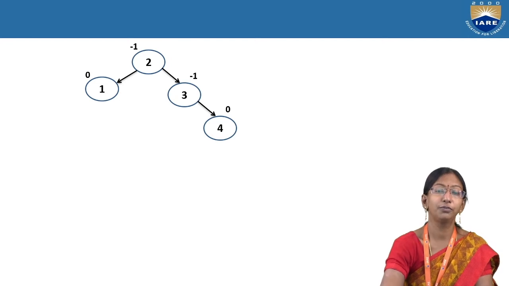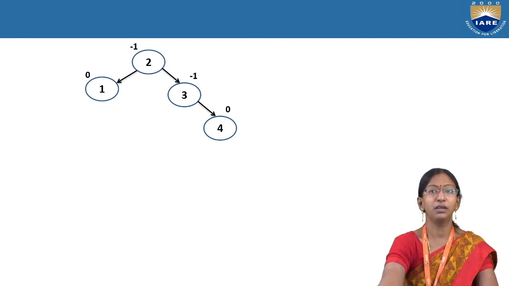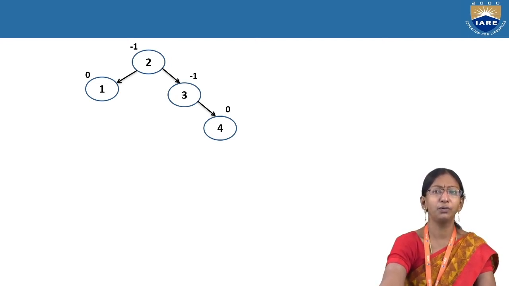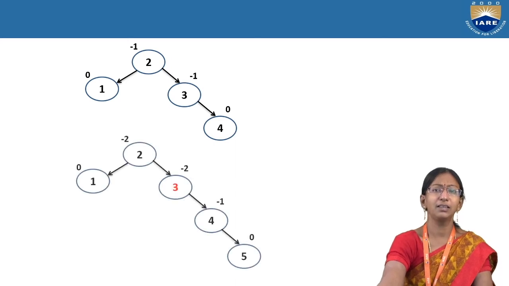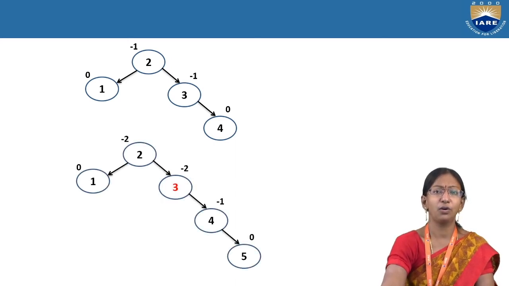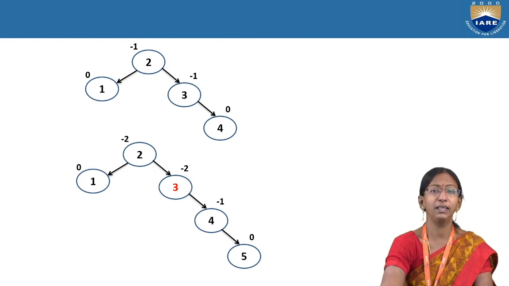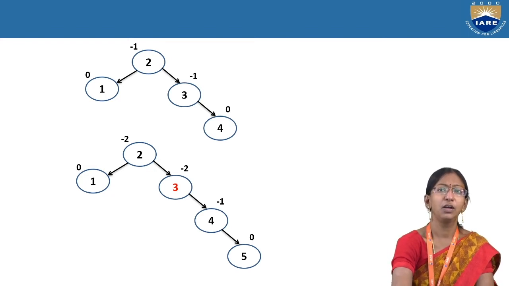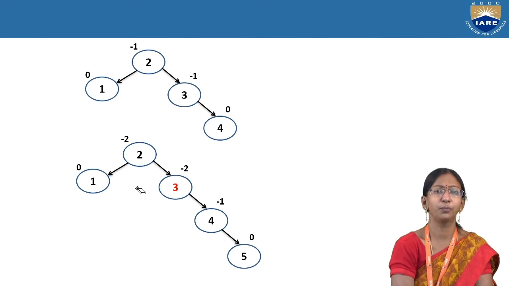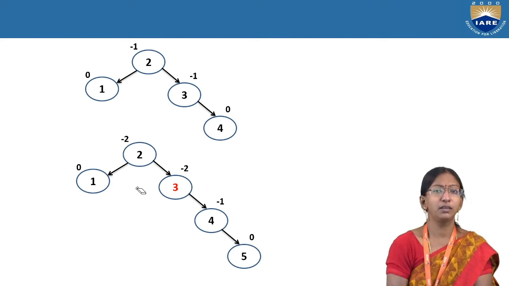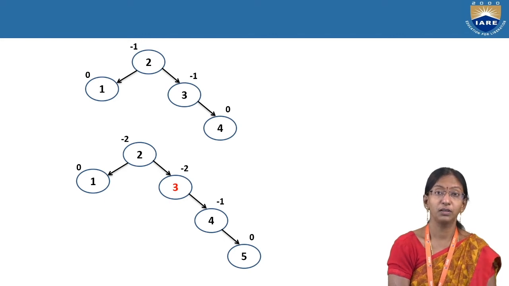Now insert 5. As 5 is greater than 2, 3 and 4, it is going to settle as the right child of 4. Again calculate the balance factors. You can see that the node 3 and 2 lost their balance. Their balance factors are -2. This is the case where you need to think properly, take a decision properly.